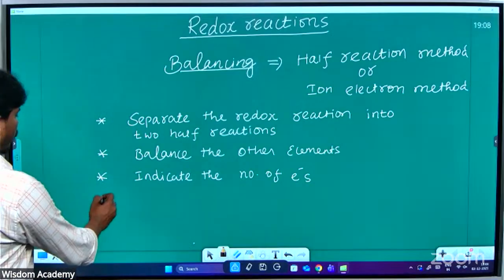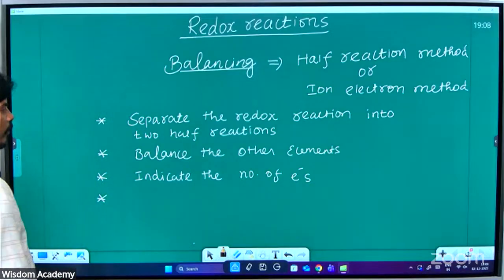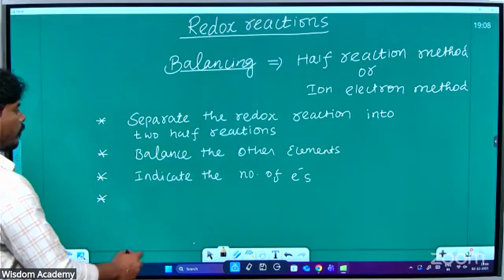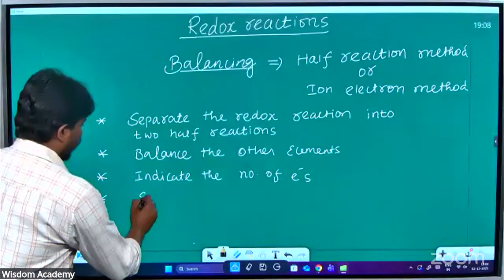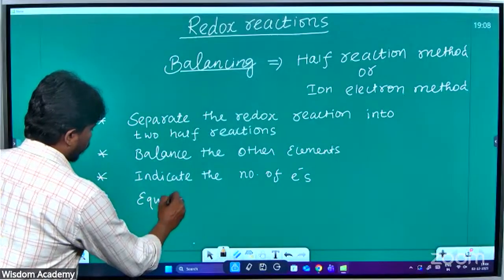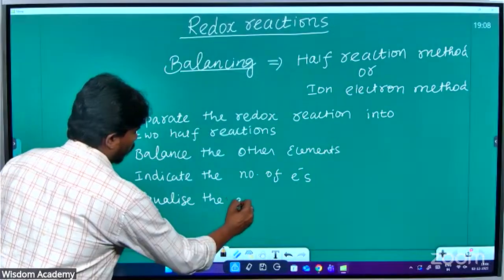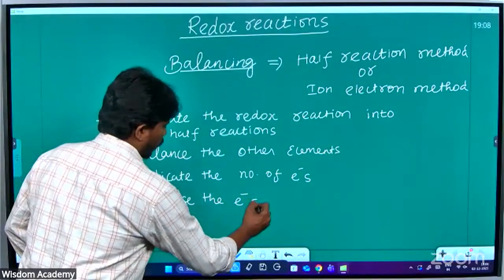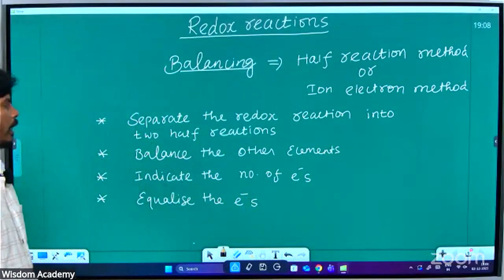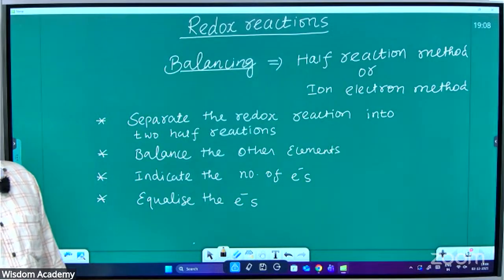The next one will be equalize or balance the electrons. Equalize the electrons by cross multiplication.